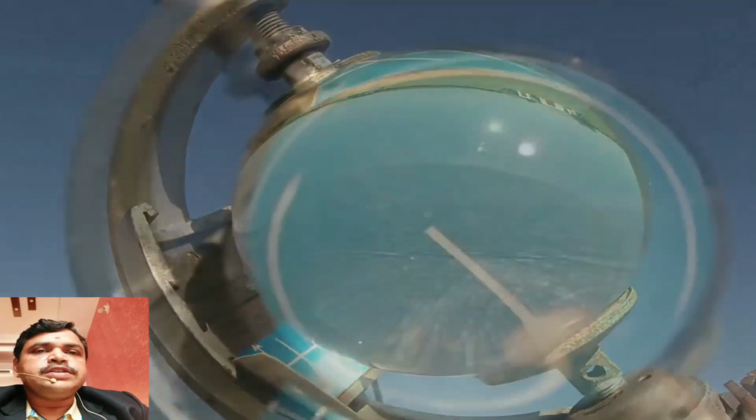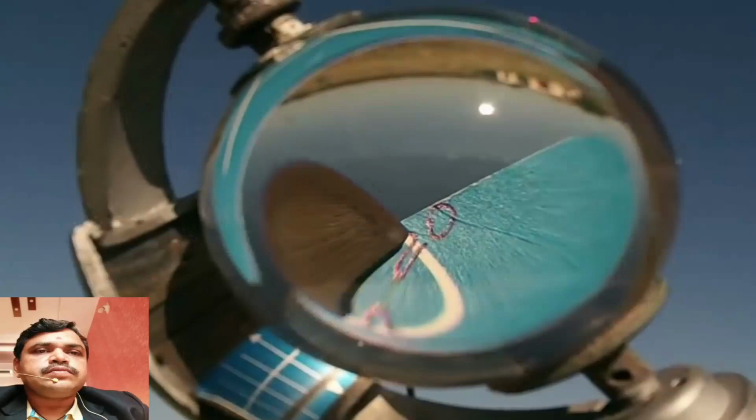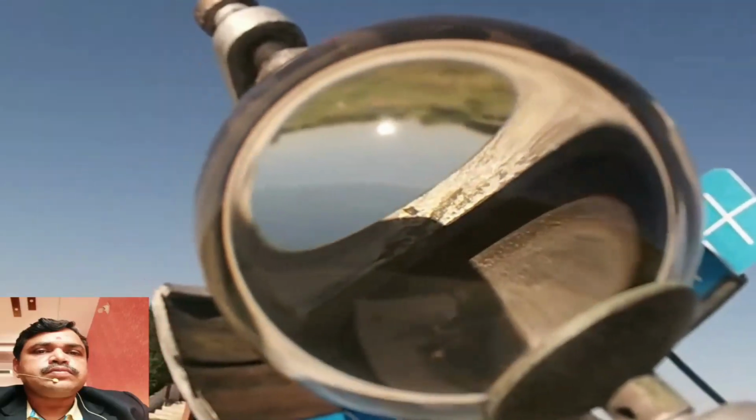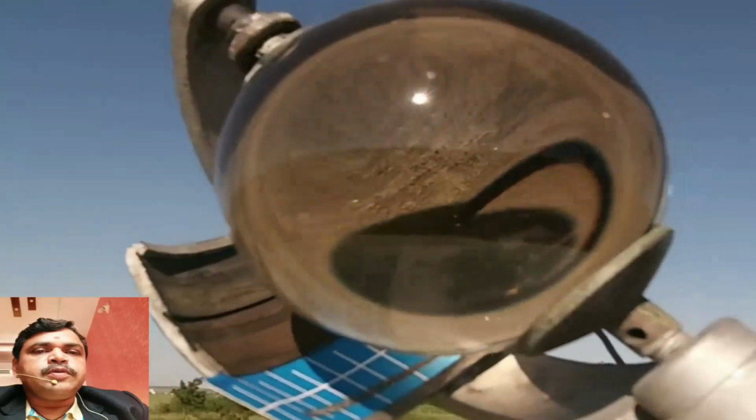This is the sunshine recorder. We see the strip or paper card in a vertical bowl.